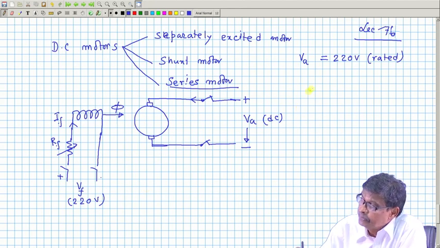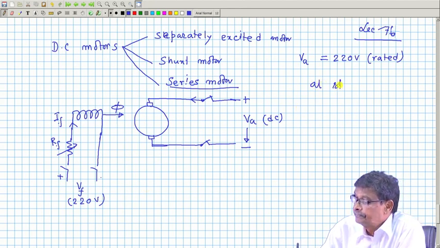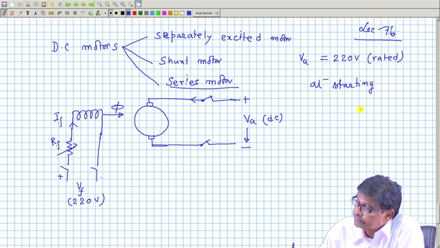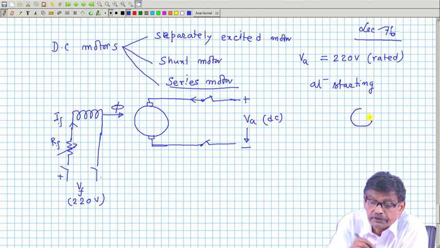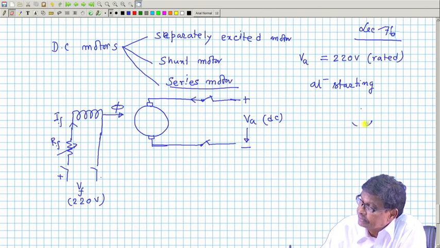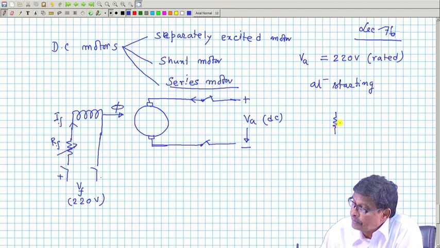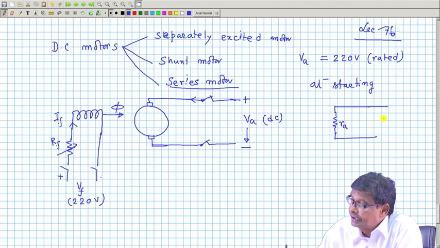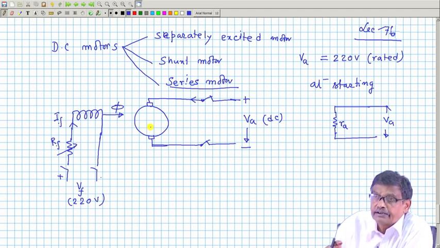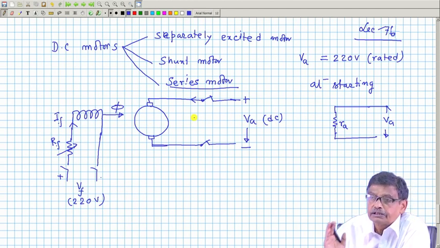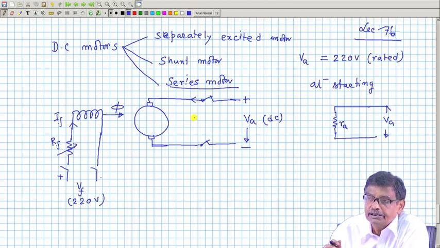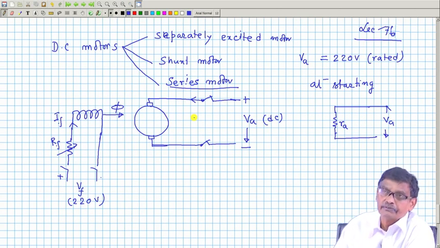and the equivalent circuit at starting condition, I am sorry, this armature can be modeled as some armature resistance RA and the supply VA, nothing else. Because the machine has not yet started moving, there is no generated voltage by the machine, which is called back EMF in this case.